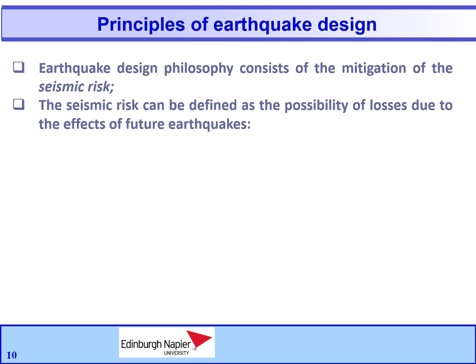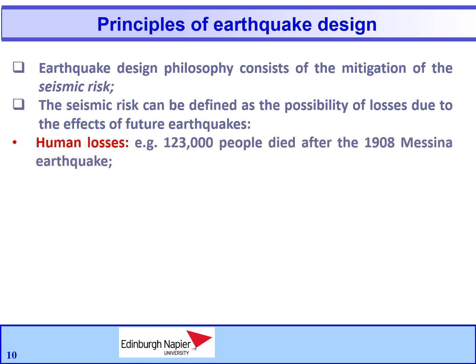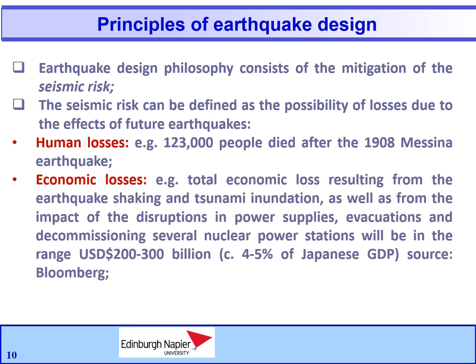For now, we will just focus on some simple examples describing human losses and economic losses, as well as social losses that could be categorized under the term intangible losses.